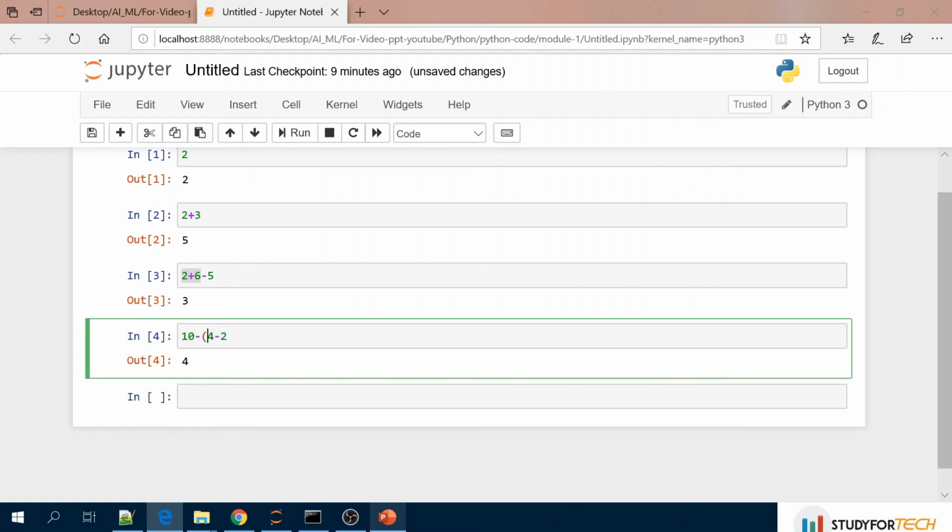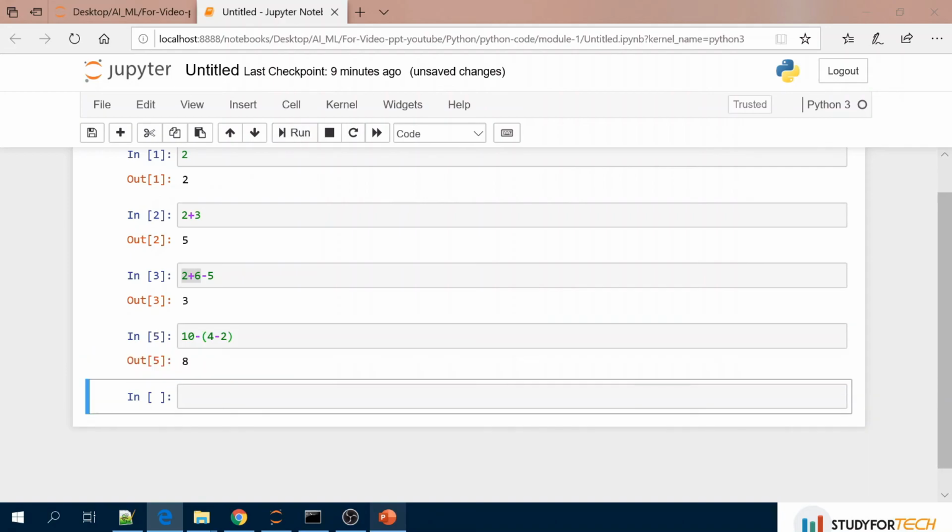I want to perform this first. So see what is the output for this. So this is 8. Similarly, if you have 10 minus 8 multiplied by 2, what would be the output for this? So if you see, minus 6, because 8 times 2 is 16 and 10 minus 16 is minus 6.